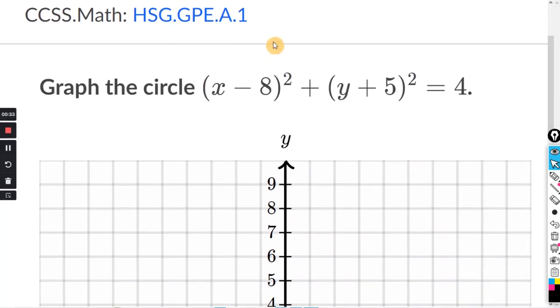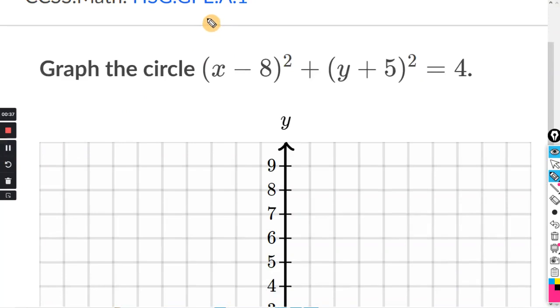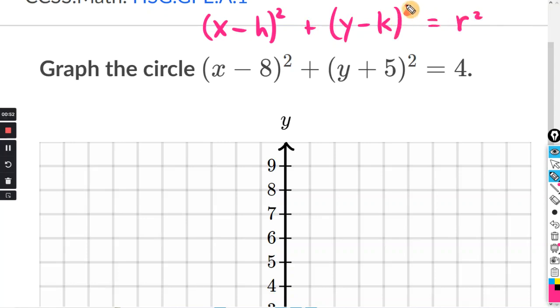Anyhow, I'm going to write the circle equation on top. So the circle equation is (x minus h) quantity squared, plus (y minus k) quantity squared, equals r squared. Now, if you remember in the other exercise, because this is negative h and this is negative k, you simply change the plus minus sign on these values here.